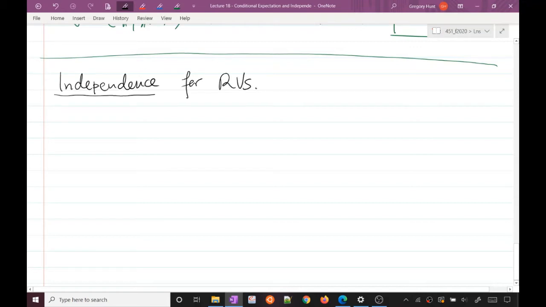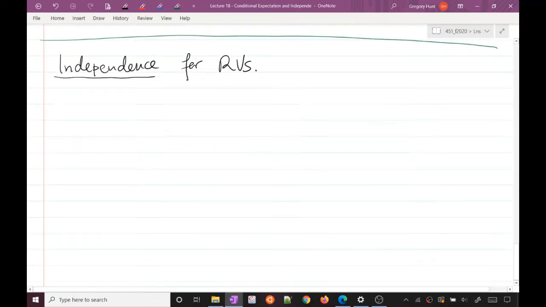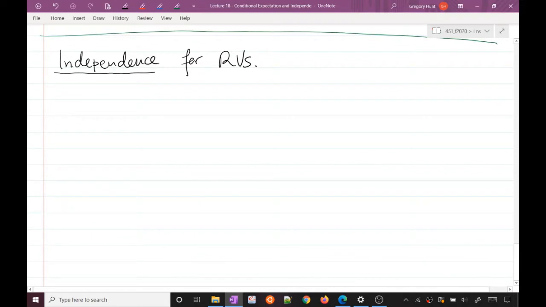In much the same way that our conditional PMFs and PDFs bootstrapped off our simple conditional probability, our definition of independence is going to, in some ways, derive from our independence definition for events.